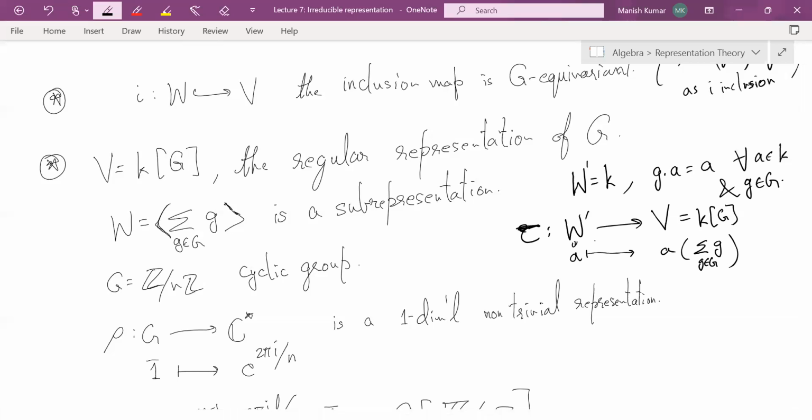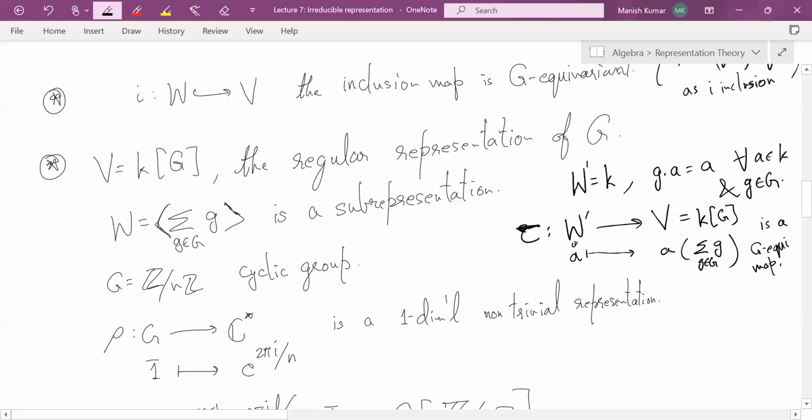And it is equivariant: G dot A is A, and on this side G dot the sum is the sum itself. So you can check that tau is G equivariant. That gives us one sub-representation of this regular representation.